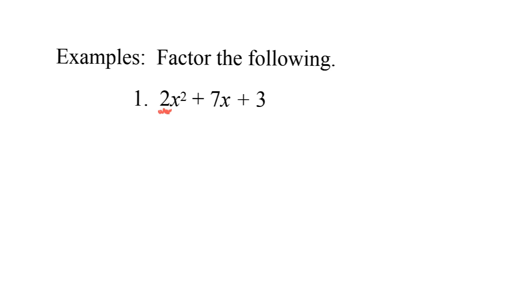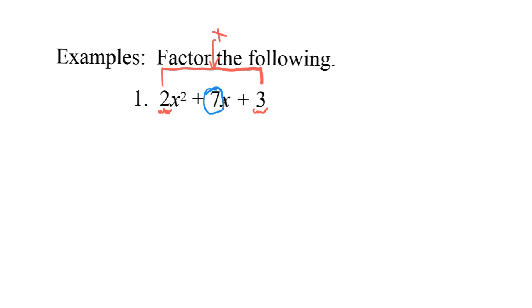So we have to consider the front and the back of this problem. So essentially, we are looking for the multiplying of this, but then we're going to use the addition for the center.